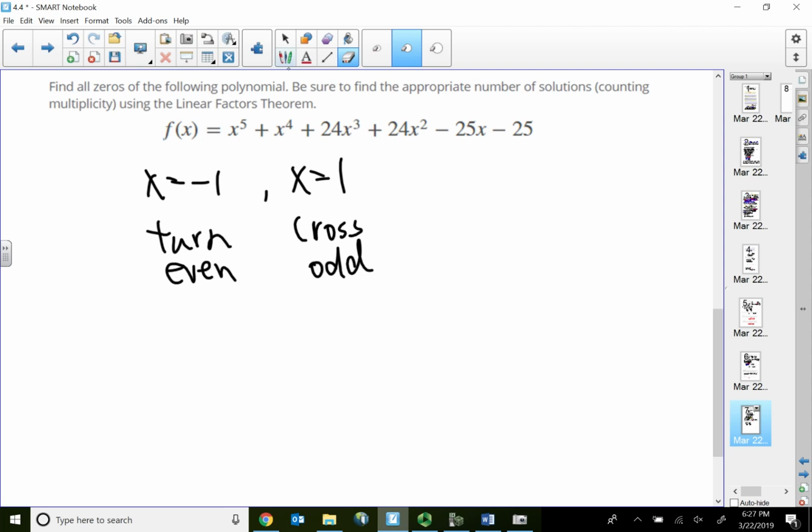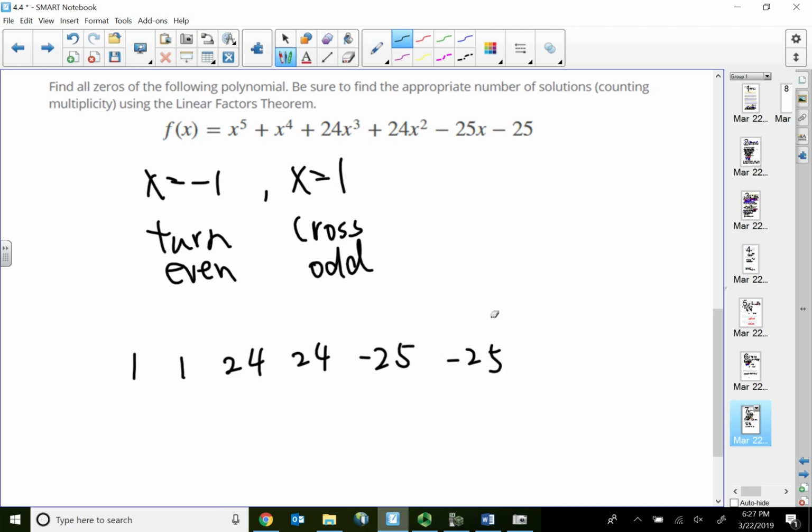All right, so let's write this out. 1, 1, 24, 24, negative 25, negative 25. Oh, hold on a minute now. Smallest even is a 2. So if I assume at negative 1 the multiplicity is 2, that means I can use negative 1 twice.